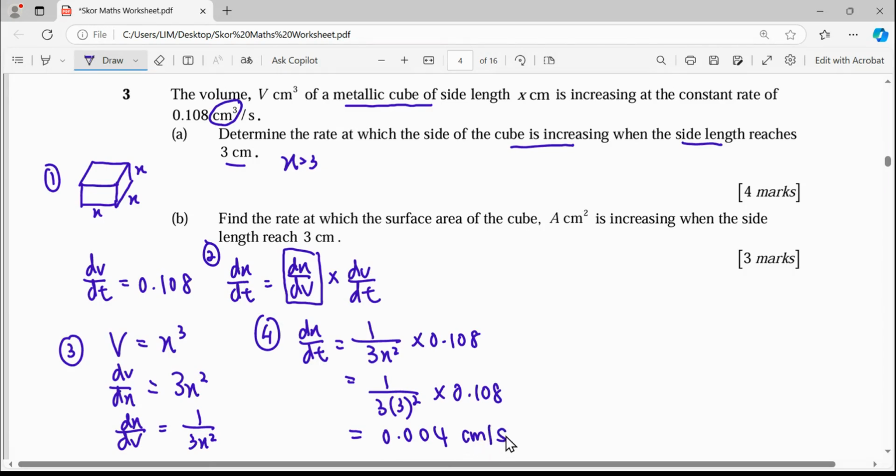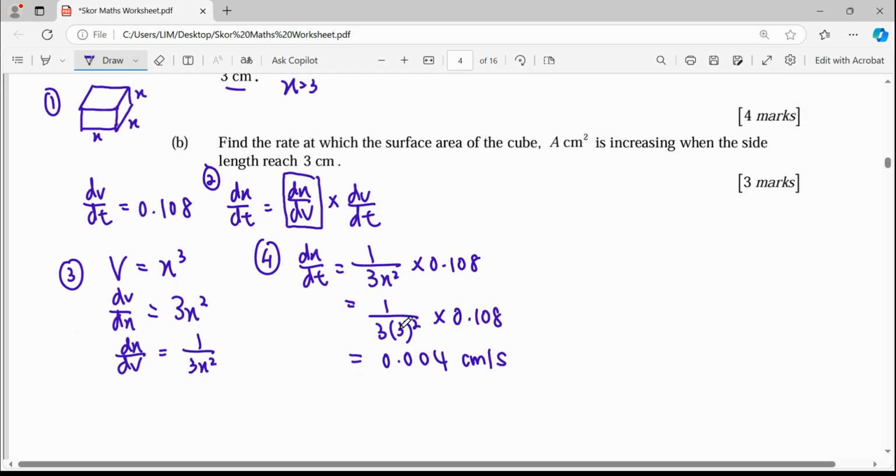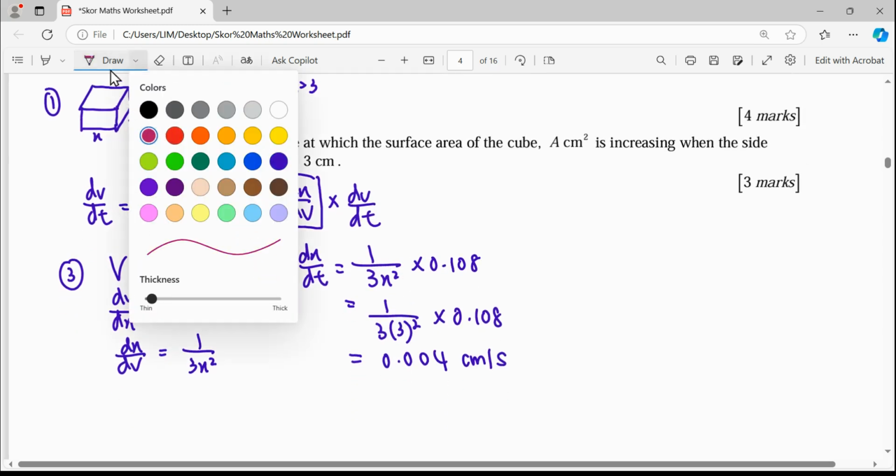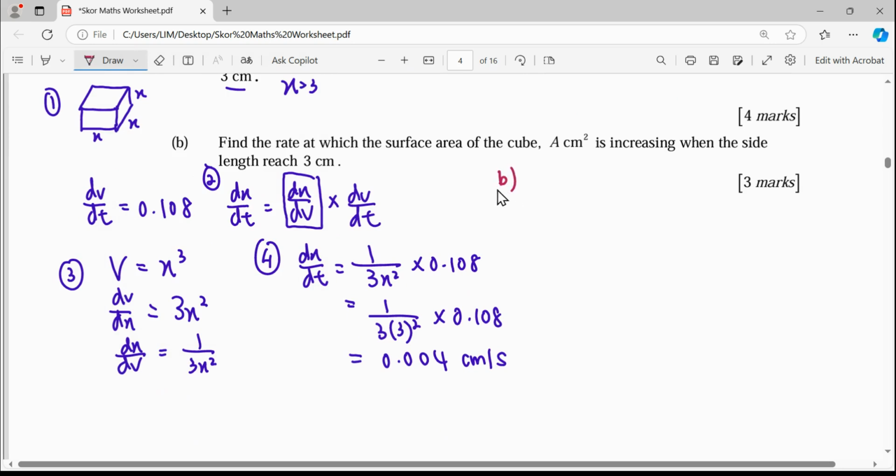Then when we move to the second part of the question, which is B, find the rate at which the surface area of the cube is increasing, which means you want dA/dt. So for dA/dt, we can start with dA/dx and then dx/dt.